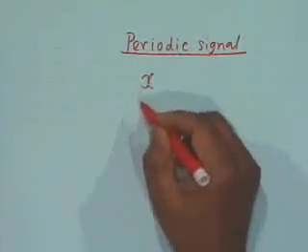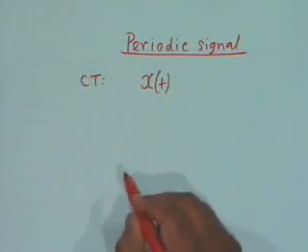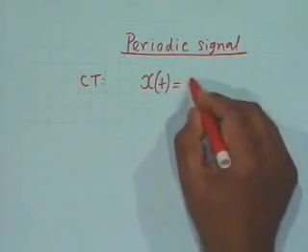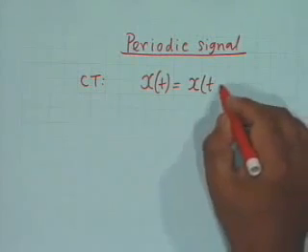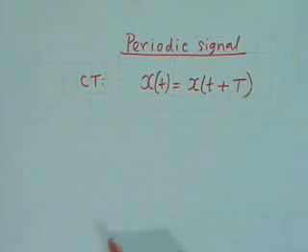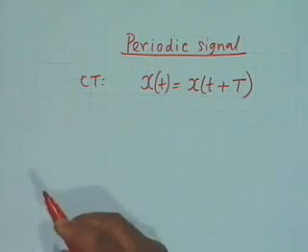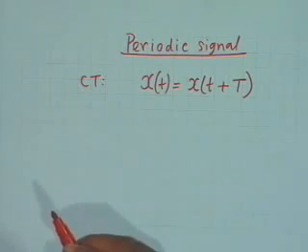And to be precise, we will define a periodic signal like this. If it is continuous time, then I will say x of t is periodic if and only if there exists a constant capital T such that x of t is equal to x of small t plus capital T. This is the definition of a continuous time periodic signal.